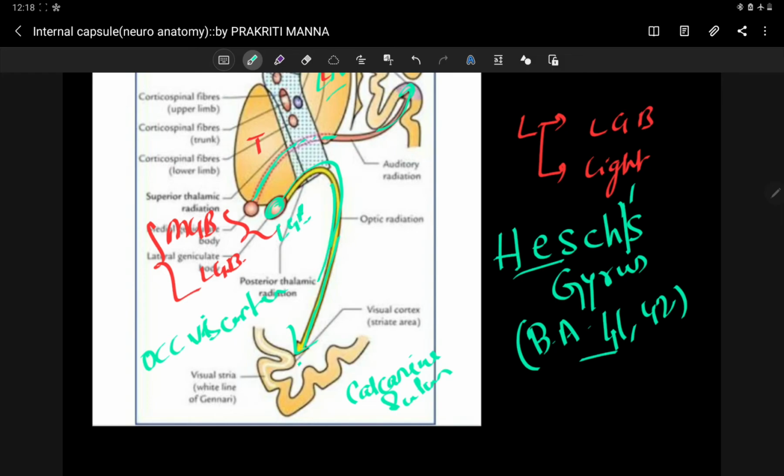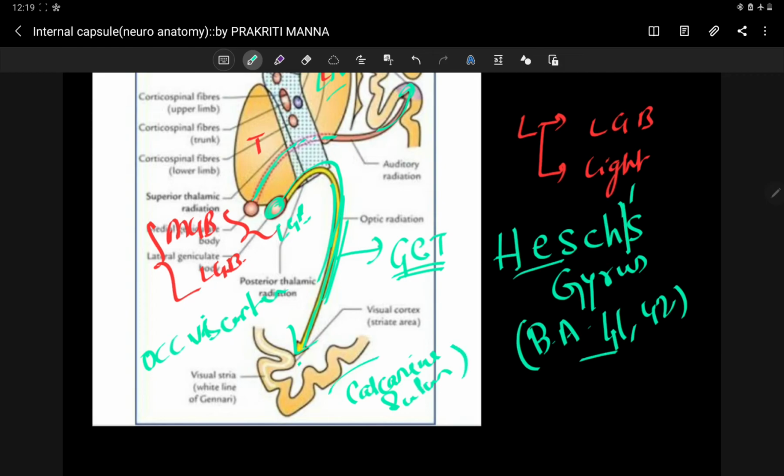That's why these fibers are also called the geniculocalcarine tract. These fibers are also called the striate tract.